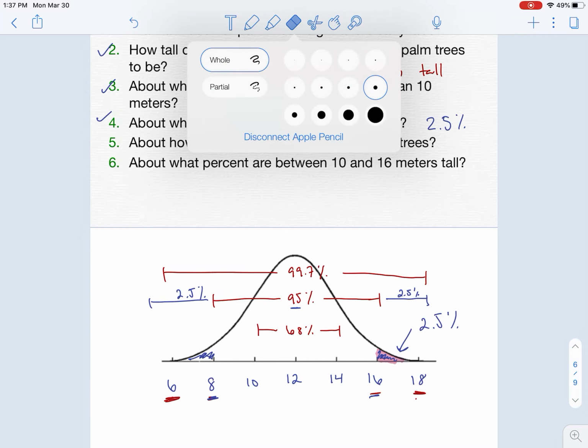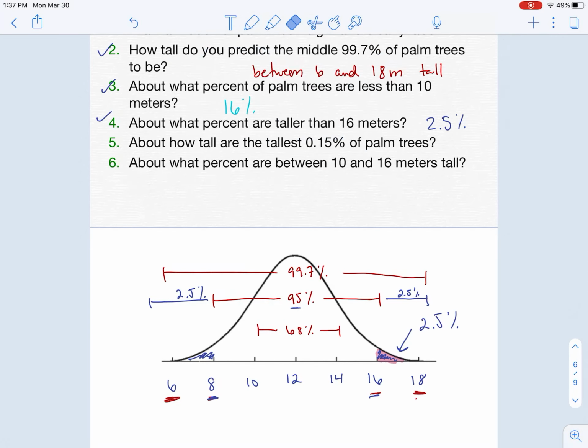Okay, about how tall are the tallest 0.15% of palm trees? By the way, I call this tail right here the small tail. There's the bigger tail, the small tail, and this little one, I call it the teeny tiny tail. So there's 3 tails. This question is asking about the teeny tiny tail.